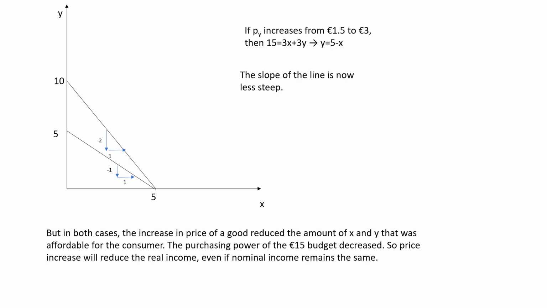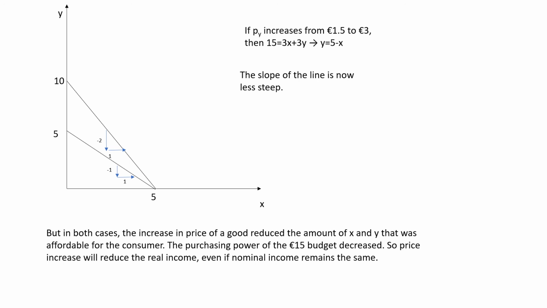Of course, a price change is going to have an effect on the ability of the consumer to purchase goods. Even if only one of the goods becomes more expensive, then we can expect that altogether the consumer will be able to purchase fewer goods and services than before.